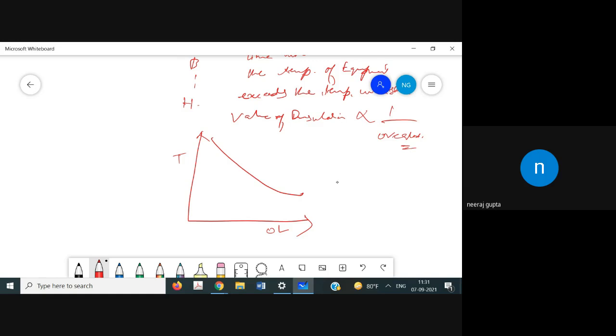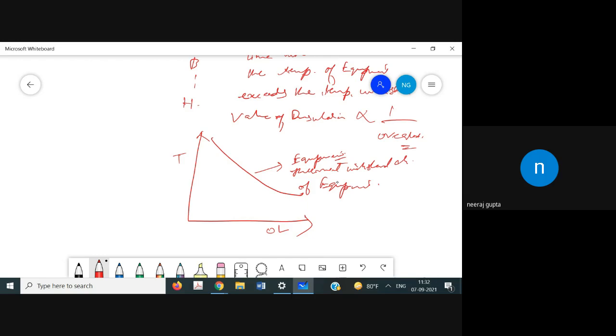And this is the characteristic of the equipment, or you can say the thermal withstand characteristic of the equipment.